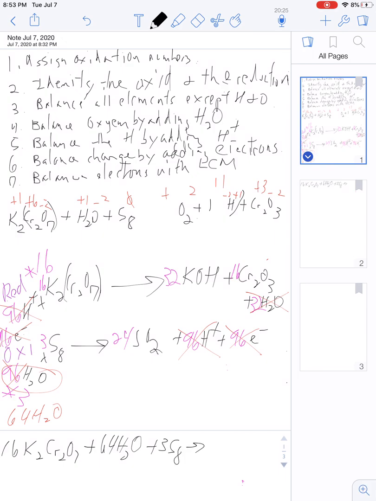It's going to yield 24 sulfur dioxides and 32 potassium hydroxides. And 16 dichromates, or chromium trioxides.